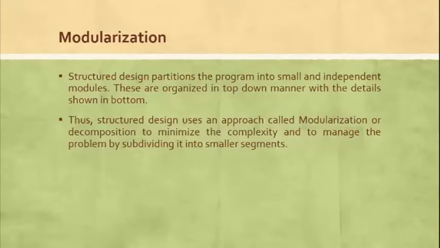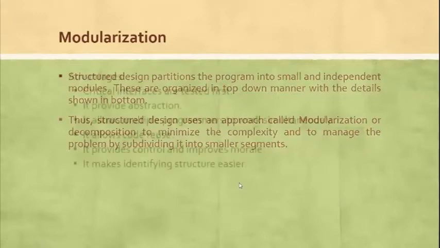So these are organized in top-down manner with the details shown in bottom. So that structure design uses an approach called modularization or decomposition in order to minimize the complexity and to manage the problem by subdividing it into smaller segments.